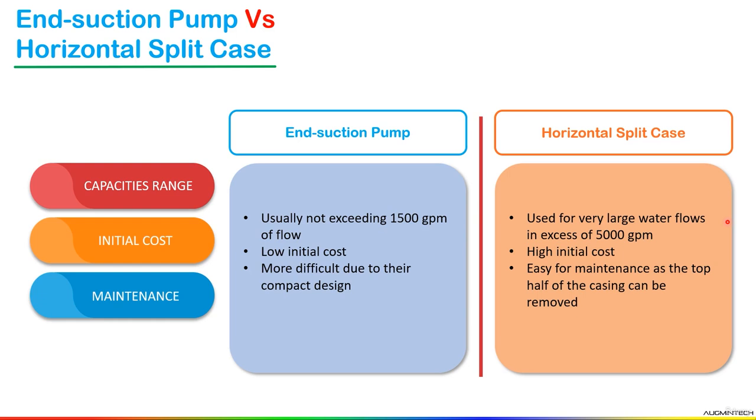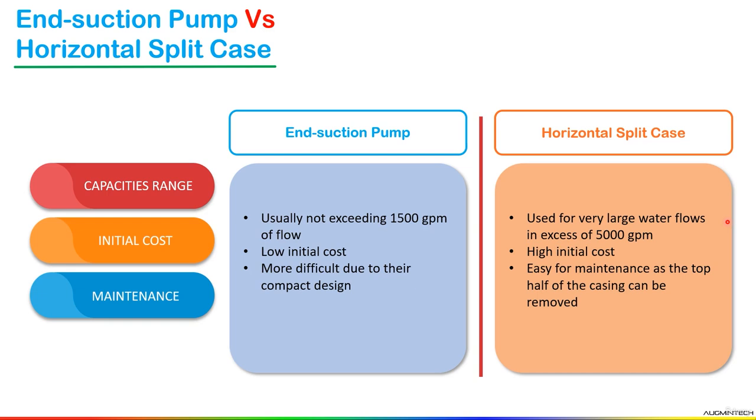Okay, because here in the horizontal split case you can remove the half of the casing easily. So the internal components like bearing, shaft, impeller and so on are exposed without disturbing the suction or discharge piping or moving the motor.